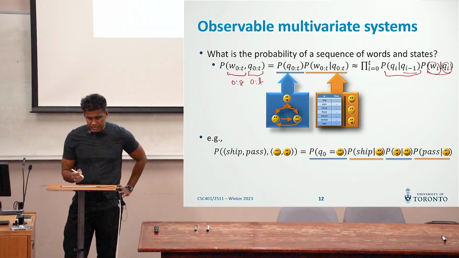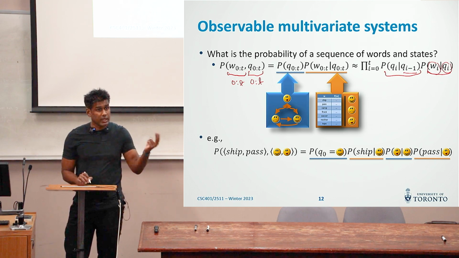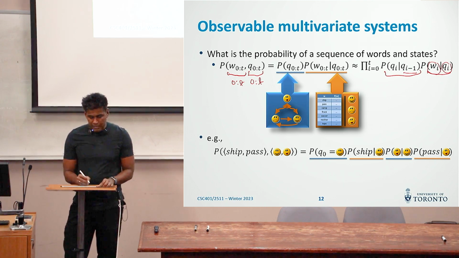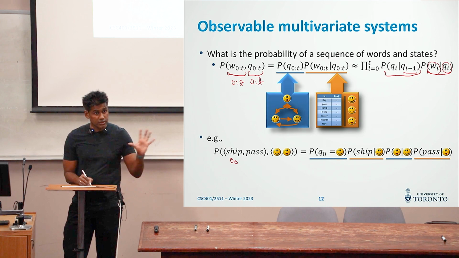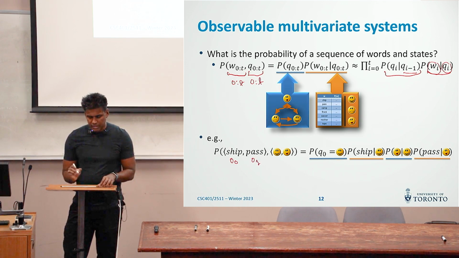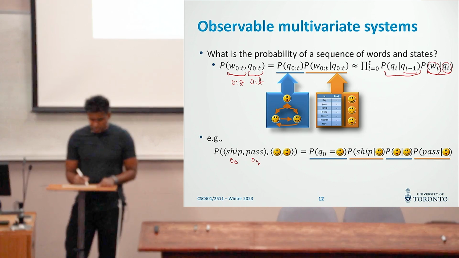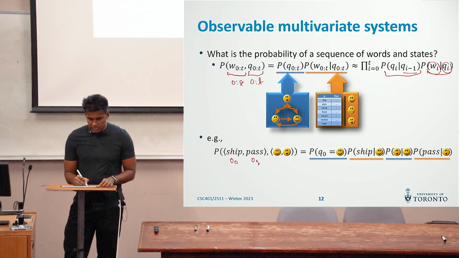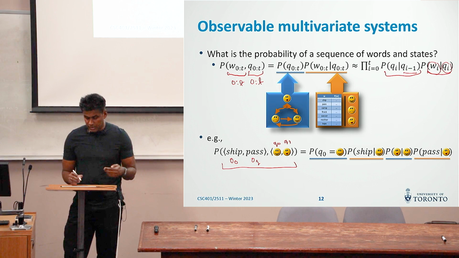As a concrete example at the bottom, say you have 2 time steps and your observations are ship and pass. I'll denote observation 0 as ship, and the second observation at t equals 1 as pass. We have 2 states: at time 0, this is our Q0, we're happy, and in the next time step, we are disgusted. If we're given this information, calculating the observation probability is trivial.